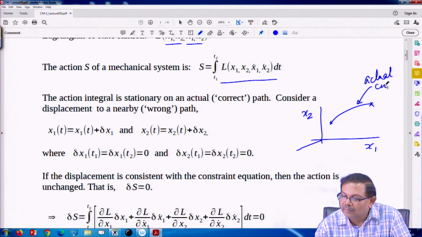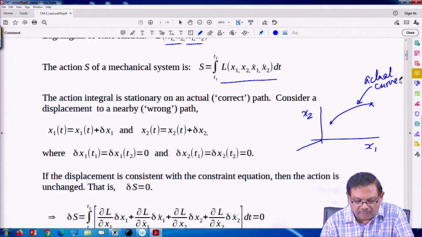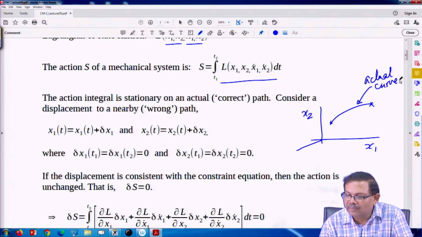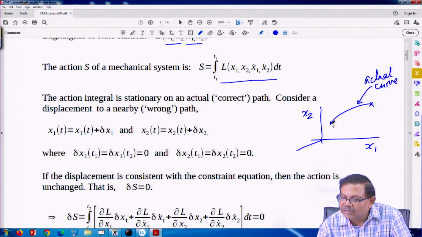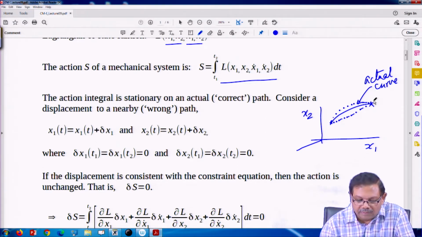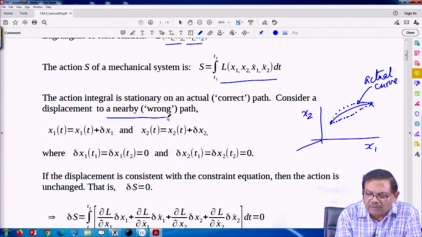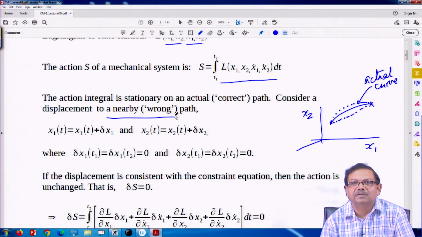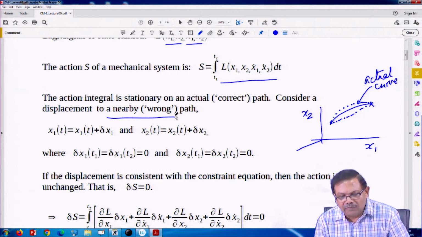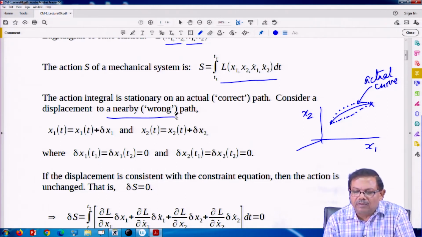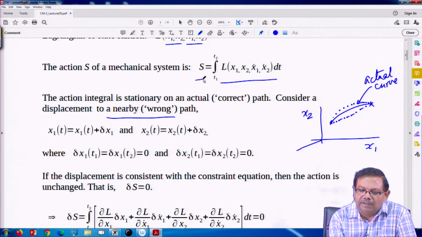Actual curve meaning the action would be least if the system moves along this curve, but there are possibilities of various other curves which may not be on the actual path. Let us call them nearby paths or wrong paths. They are not the actual path that will give a stationary value of the action integral.